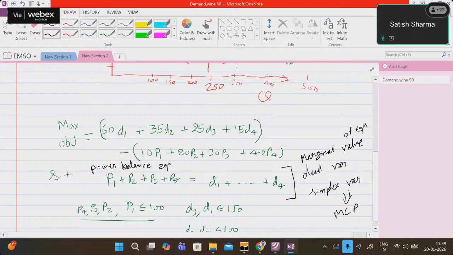So the dual variable, simplex variable, or the marginal value of a power balance equation is equal to the market clearing price.